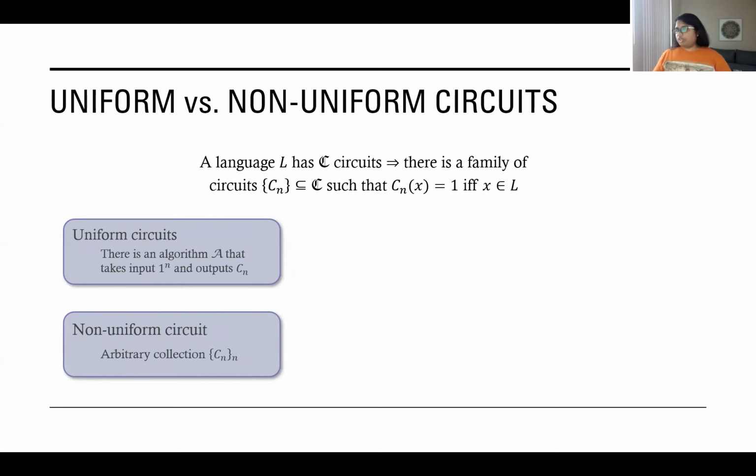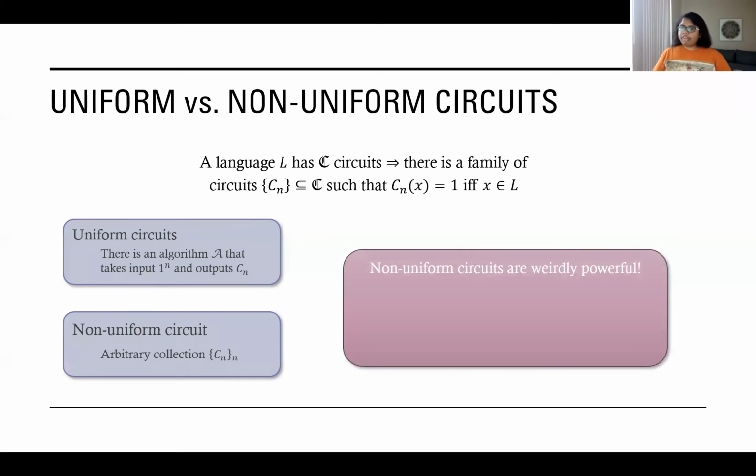Why should you care? Because most of the time when you think of algorithms, you run into things that are uniform. Well, non-uniform circuit families tend to do some very crazy things. For instance, for a fixed input length, you can think of them as actually solving the halting problem. What does that mean? Let's say that for an input length n, I take an input 0 to the n, and that it's in the language if the nth Turing machine halts.